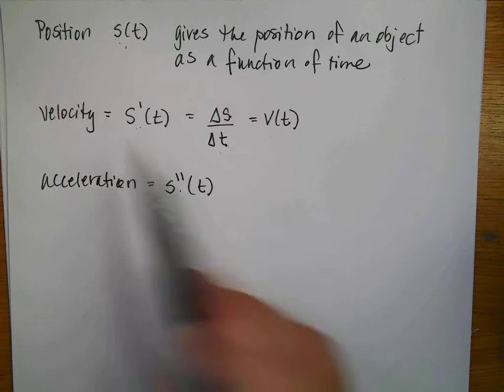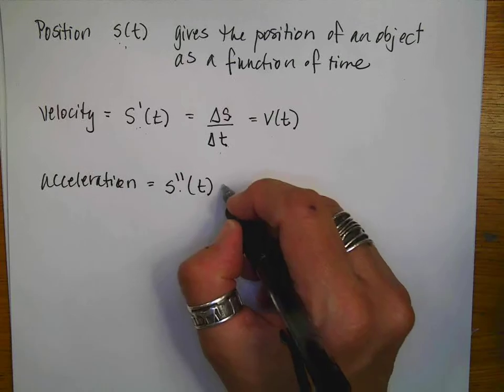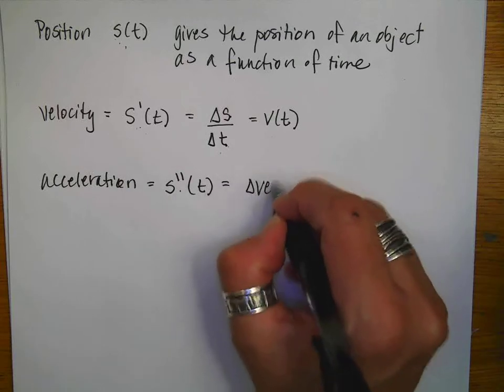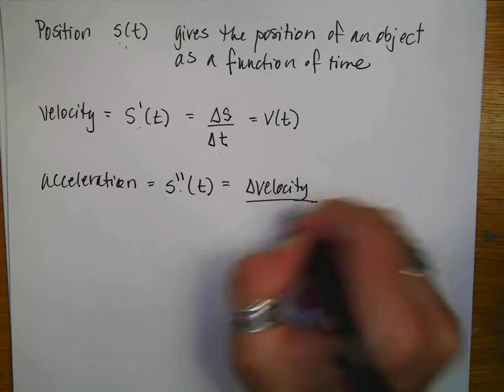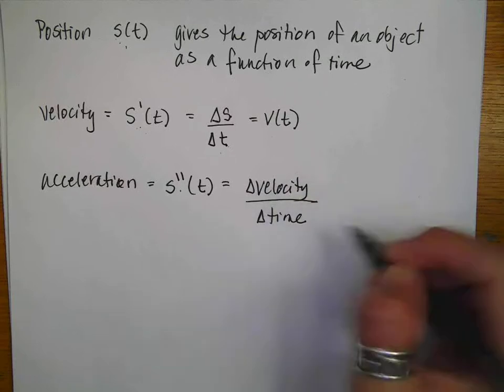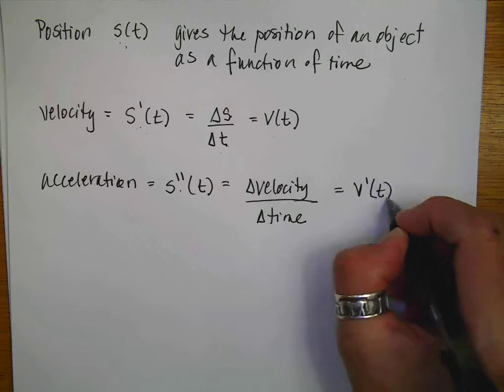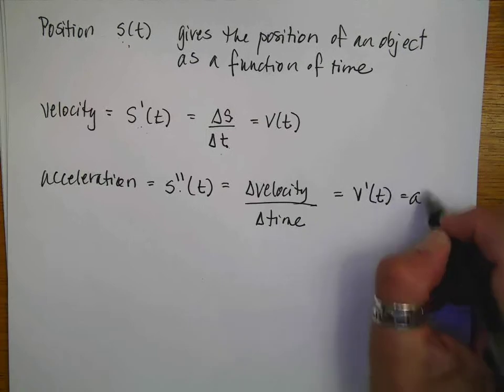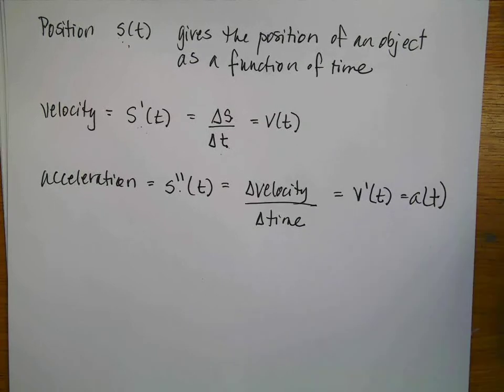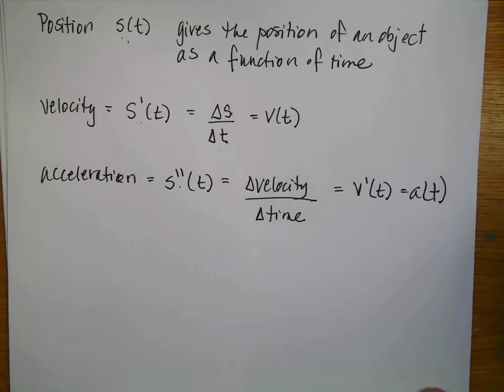So I could take the derivative of the derivative, which is going to be the change in velocity over the change in time, and this would be v prime of t. So the derivative of velocity is acceleration.